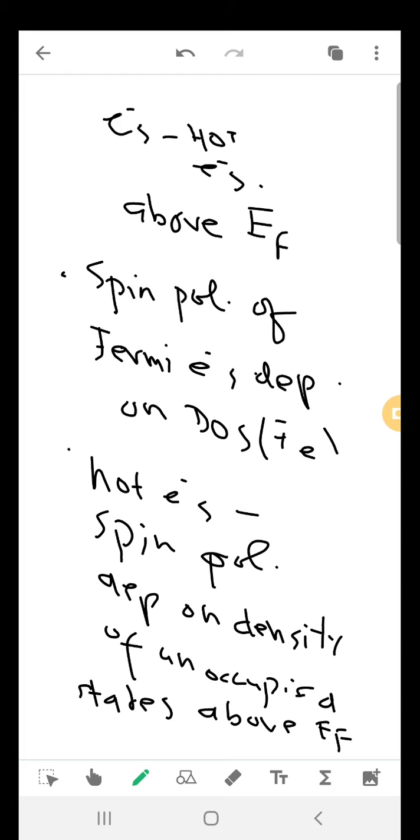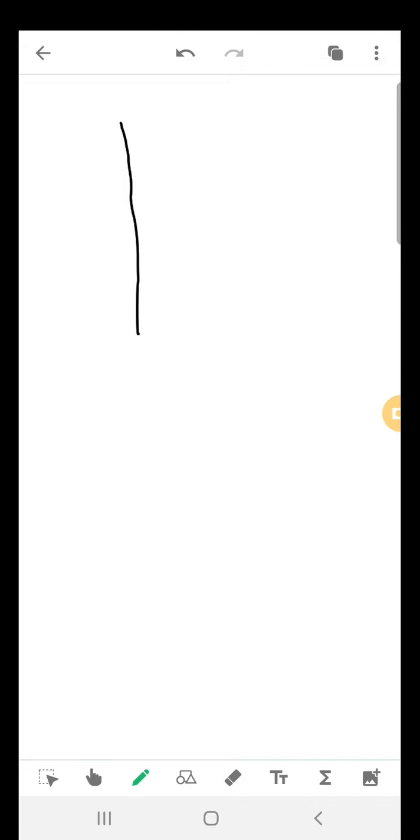So if you look into the energy band diagram, it is like this.